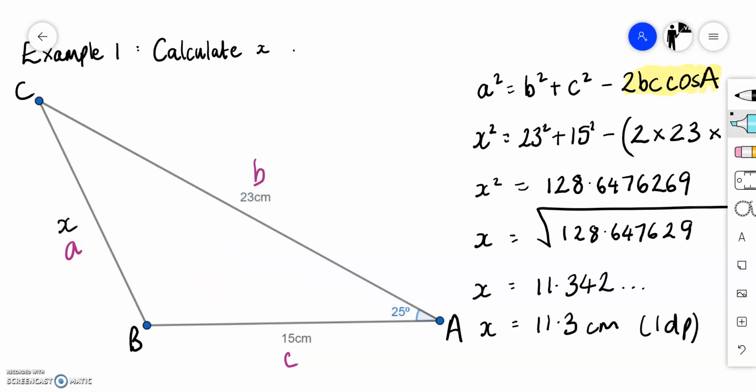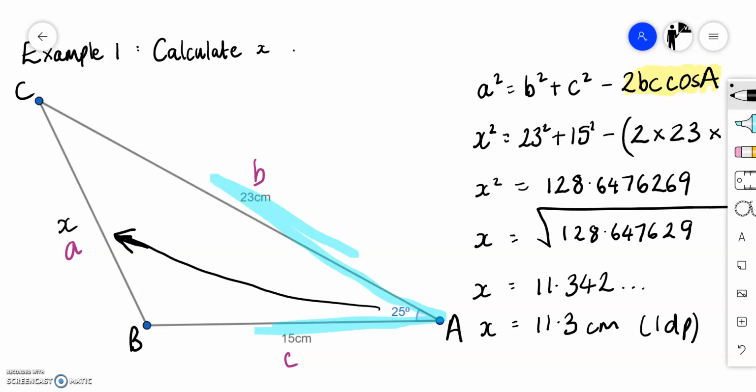When I look at using the cosine rule, the first question I ask is about the angle that I have sandwiched, this angle here of 25 degrees, and we're looking for the side opposite. Do I know the length of both arms coming from the angle? Yes, I know 15 and yes, I know 23. Because I know both of those, I say that angle's sandwiched. So therefore I go ahead and use the cosine rule.